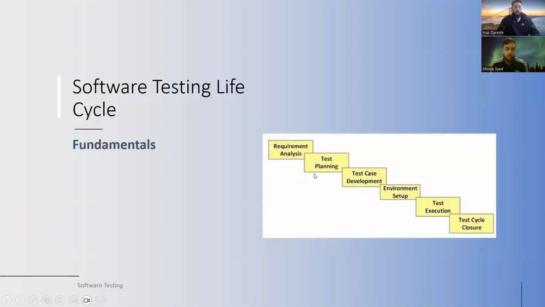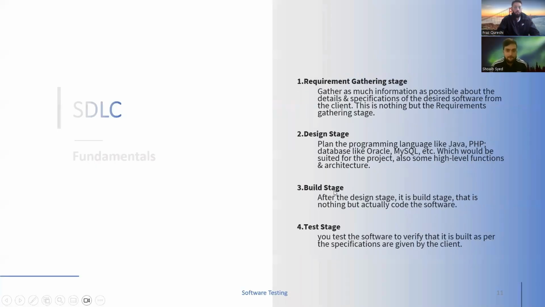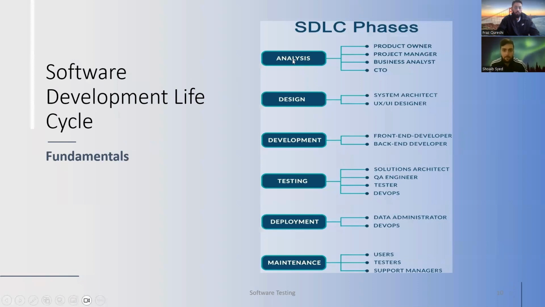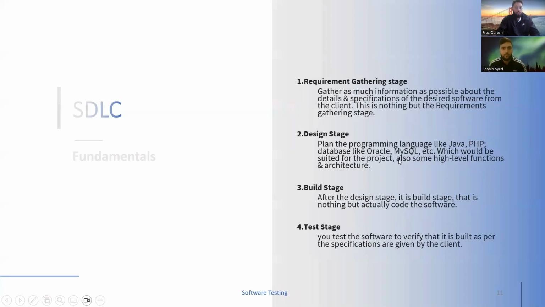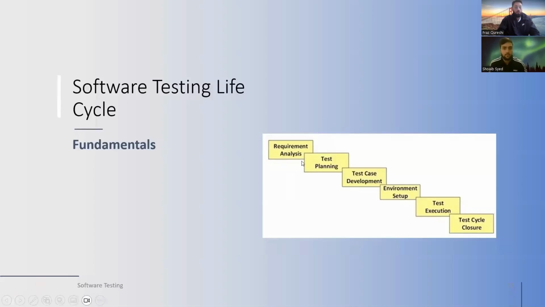But again, as soon as the developers analyze the requirements, what they need to make, at the same point the same requirements come to the testers, and they analyze what to test and how to test, what really needs to be tested.